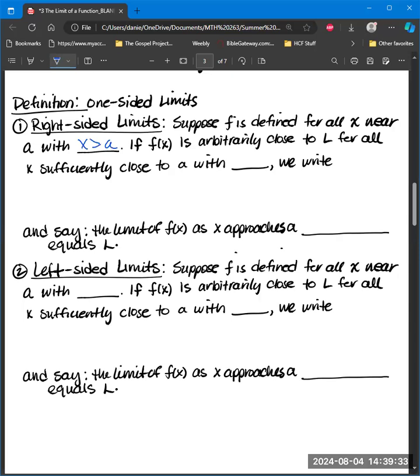If f of x is arbitrarily close to L for all x sufficiently close to a with x greater than a, we write the limit as x approaches a from the right of f of x is equal to L, and say the limit as x approaches a from the right.